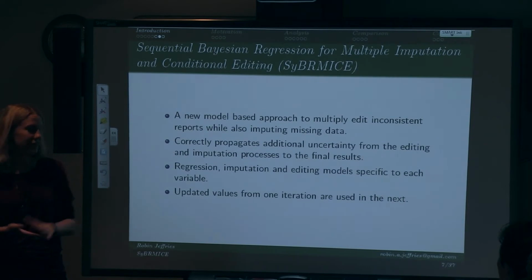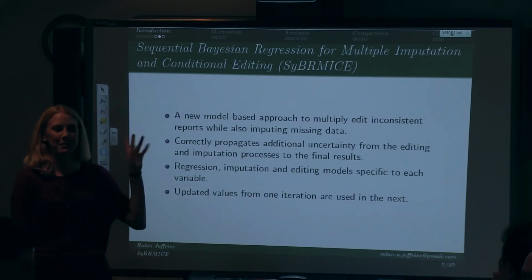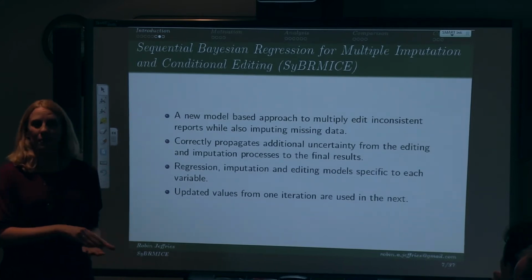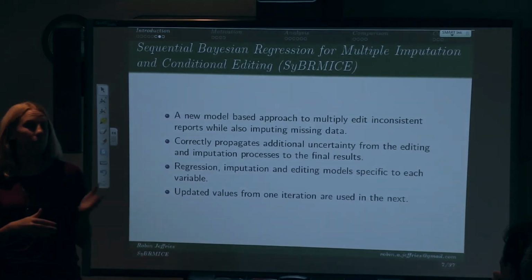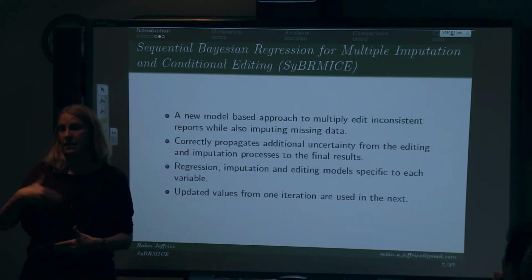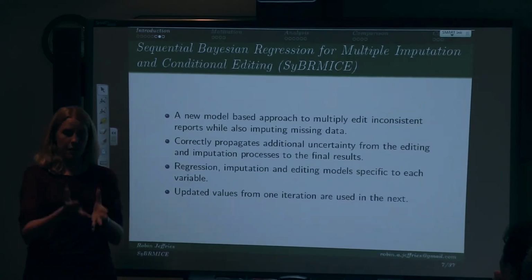Cyber mice have to have something. I'm Rob's student. You have to have something catchy. Come up with a cool name. That's half the battle. Yes. No, we went round and round on this. So it's a model-based approach that will multiply impute the missing data while also editing the inconsistent data at the same time.